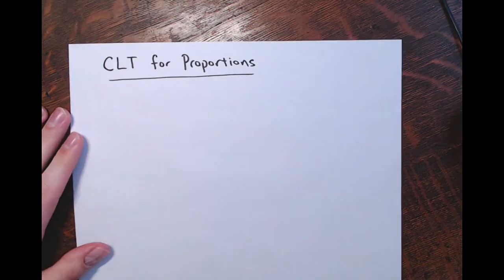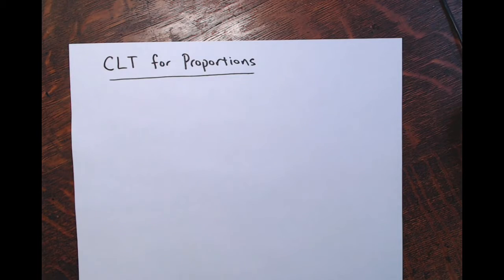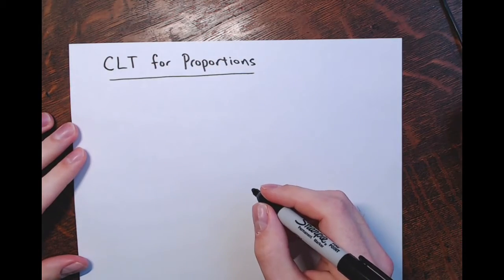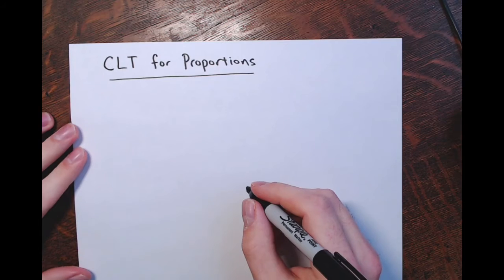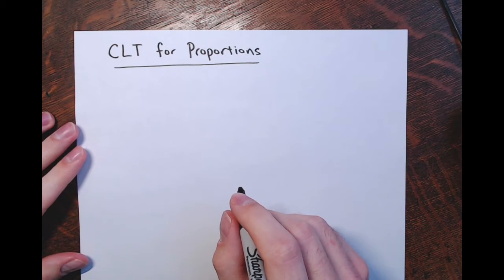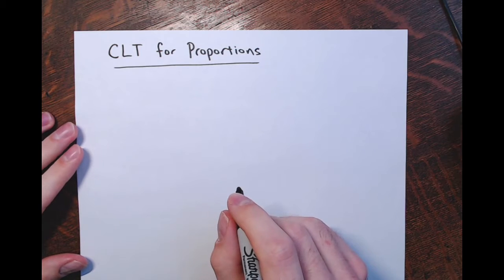Remember, proportions was the proportion of successes. You had certain elements in your population that were a success, and certain elements in your population that were considered failures. When I say proportion, I'm talking about the proportion of the population, a percentage, that is a success.